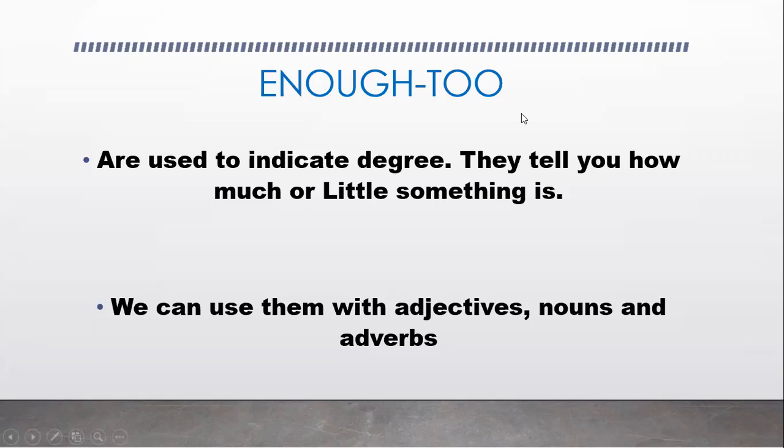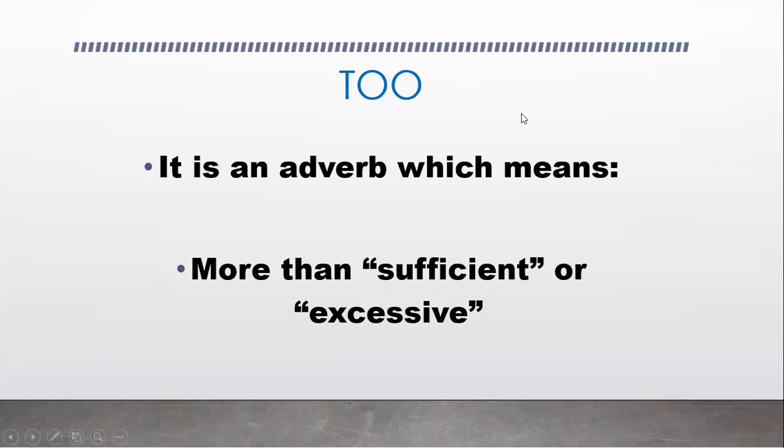Okay, let's give you an idea about too. This is an adverb. Remember, you are very good at using adverbs. Too is an adverb, which means, this is the definition, more than sufficient, or excessive, right?